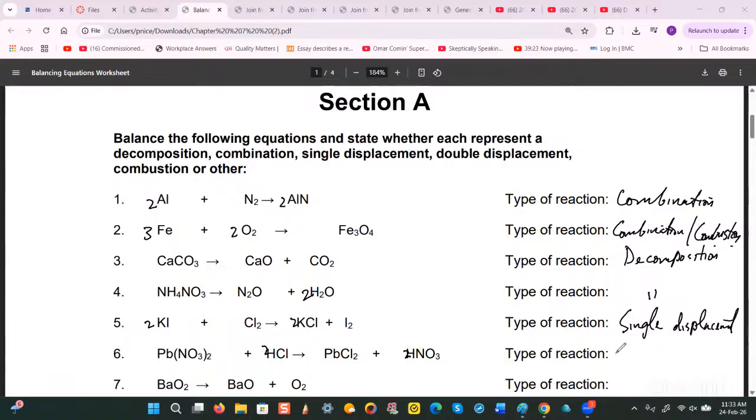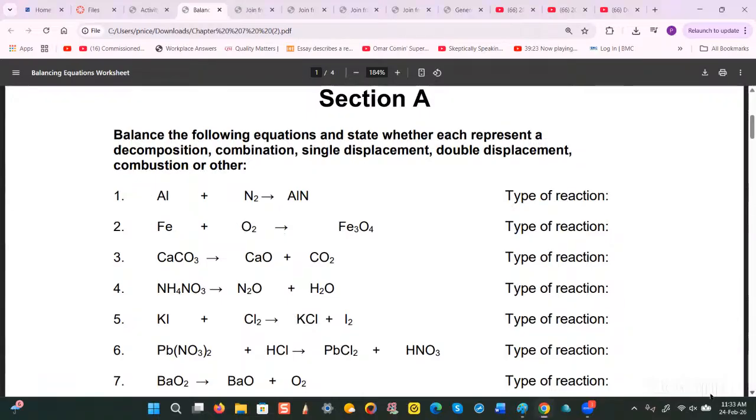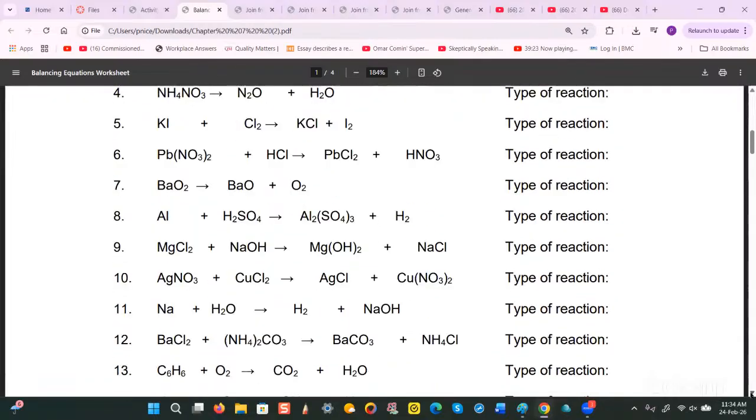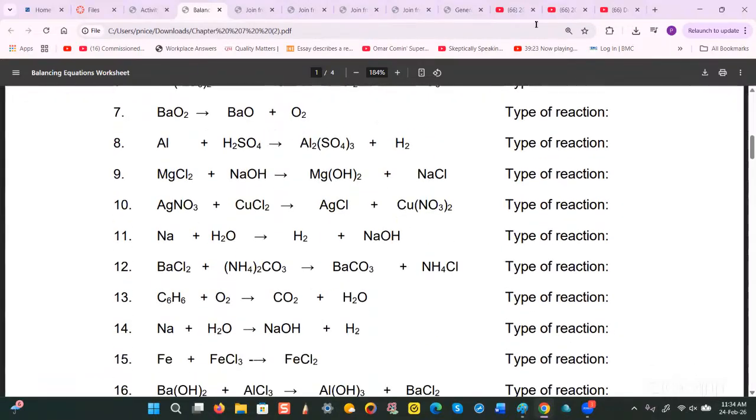And what type of reaction are we talking about here? Double displacement is correct. Okay, let me clear this here and scroll down. Okay, let's balance number 7.